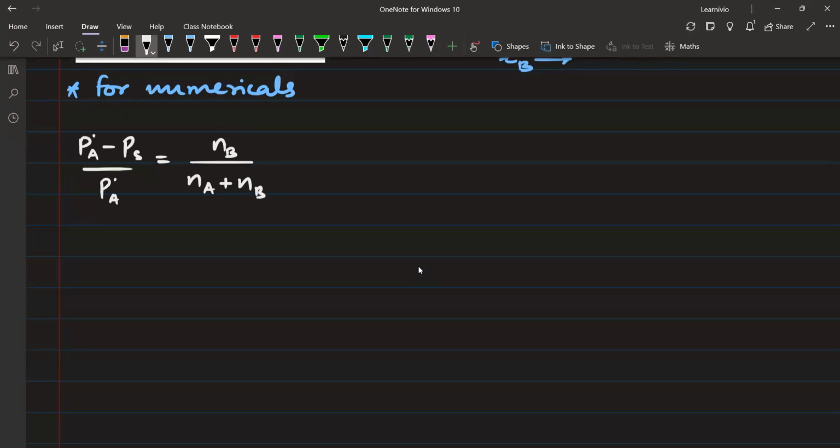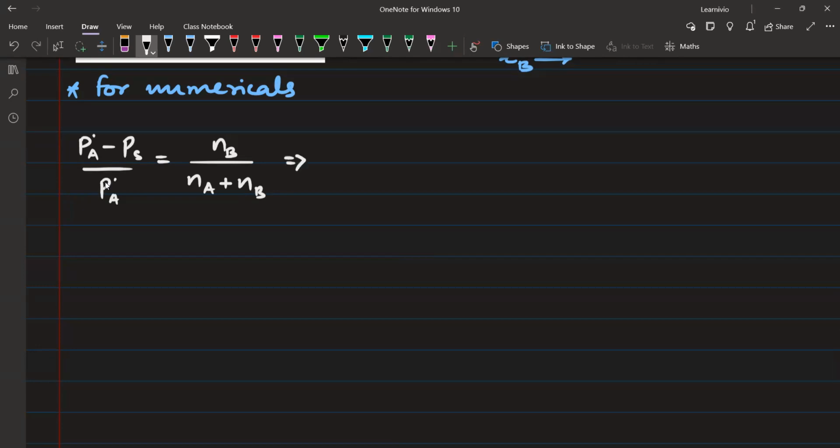Now we will flip, like we will do inverse in both cases. Just give me a second. Yeah. So we will just inverse both of these equations.